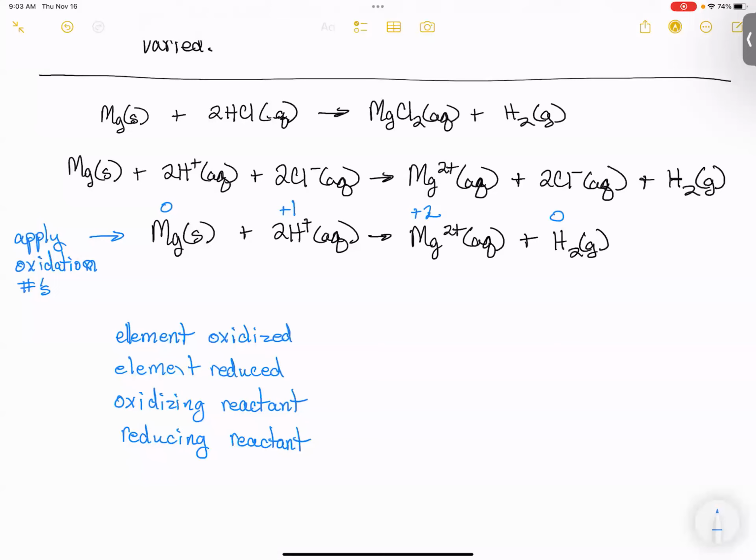Now what we're going to do is to get these first two, we're going to apply a number line to this. If it moves in a more positive direction, because oxidation is loss of electrons to become more positive, then it's going to be oxidized.